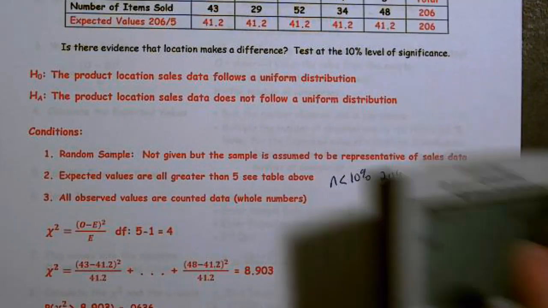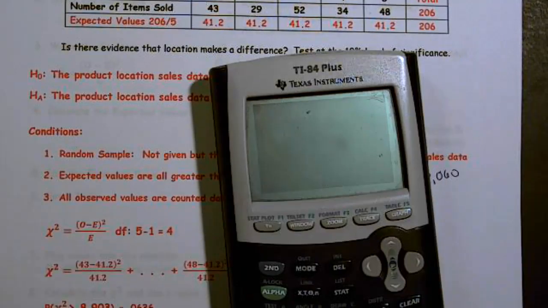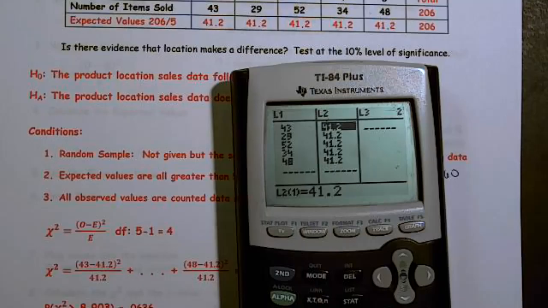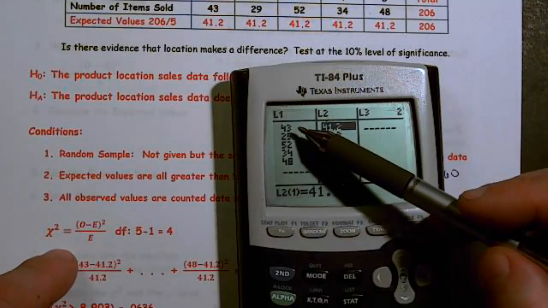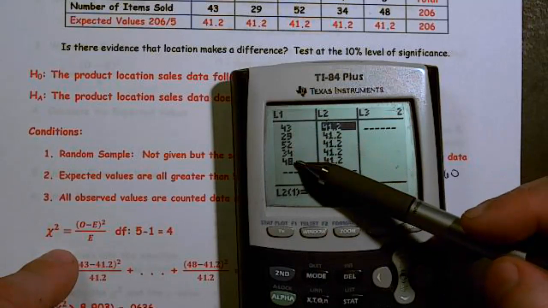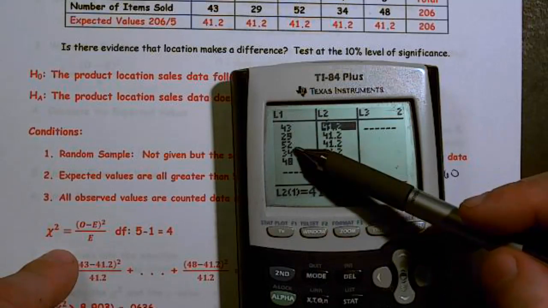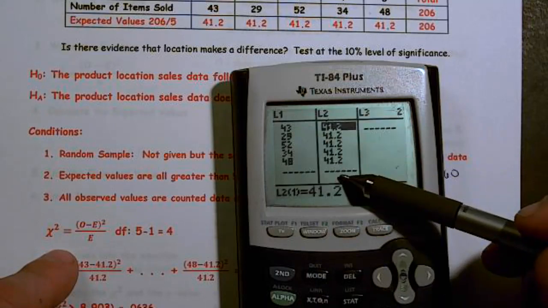Well, how did I do that? I need to take a moment here, and I'm going to pause this while I input the data so you don't have to wait for me. So I've taken a pause and input all that data. The observed values, 43, 29, 52, 34, and 48, go into L1. The expected data goes into L2.